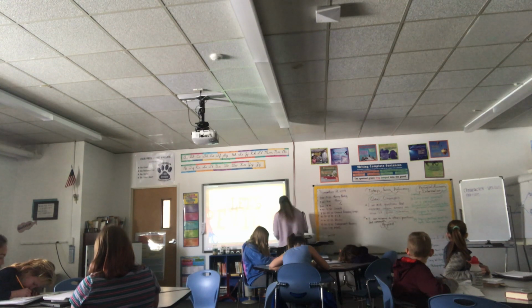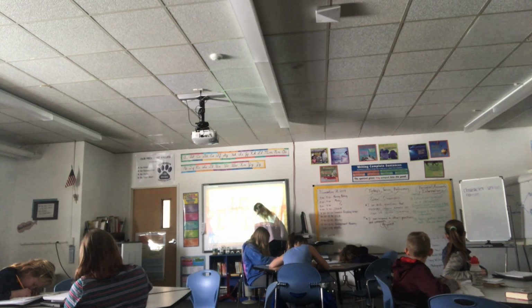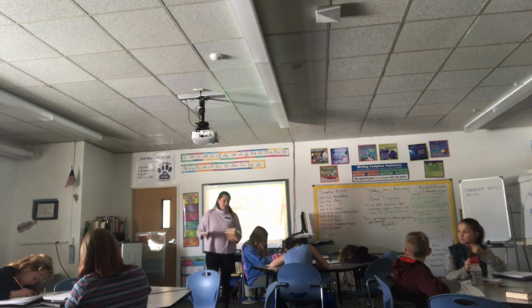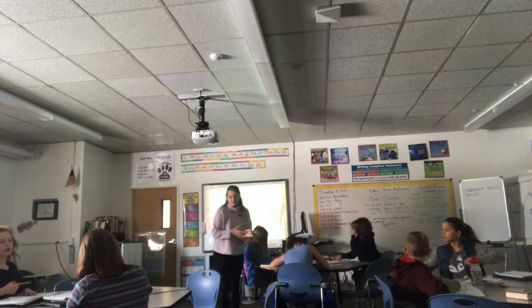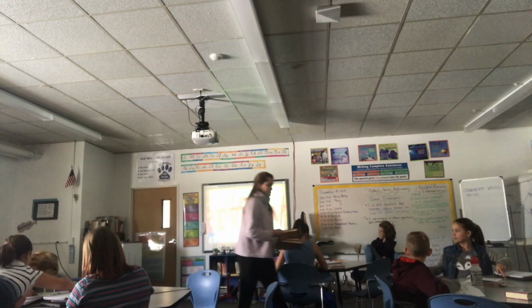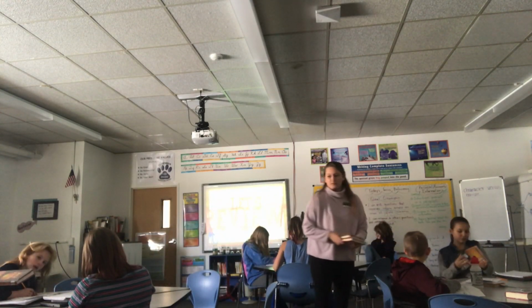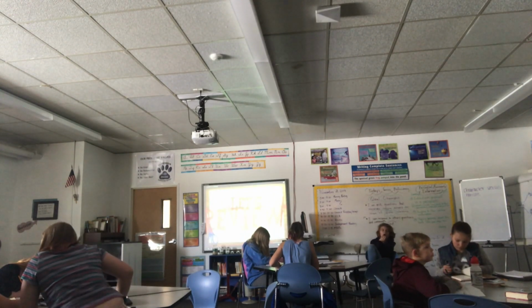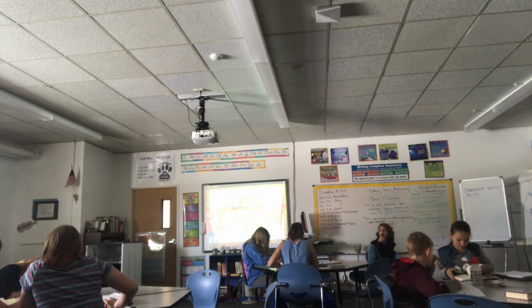I'm going to have you guys look through the books and find some textual evidence that it is nature that got her sick, okay? And then when someone finds something, just raise your hand and share it to me, okay? And I'll write it on the whiteboard.